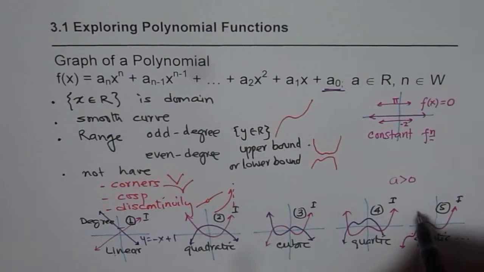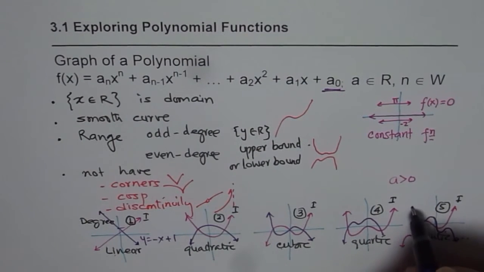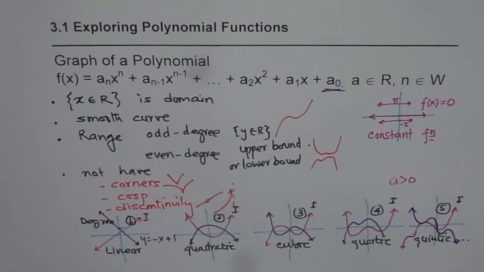In this case, it will start in quadrant 4, and then it will be kind of like this. Do you see that? So, the right side is not up when the leading coefficient is negative, the right side is down. And for odd, opposite ends; even, same ends. So that is how the graph of a polynomial is going to look.